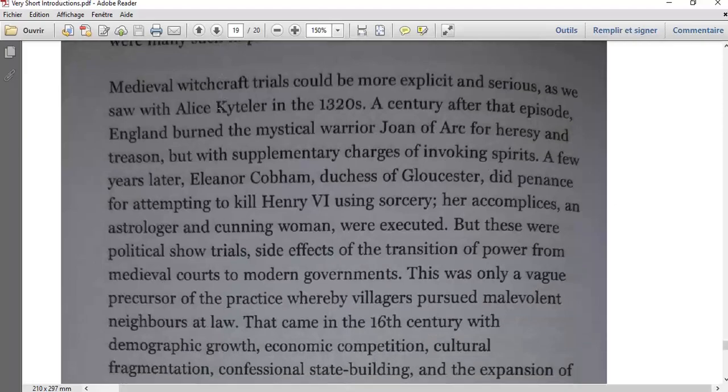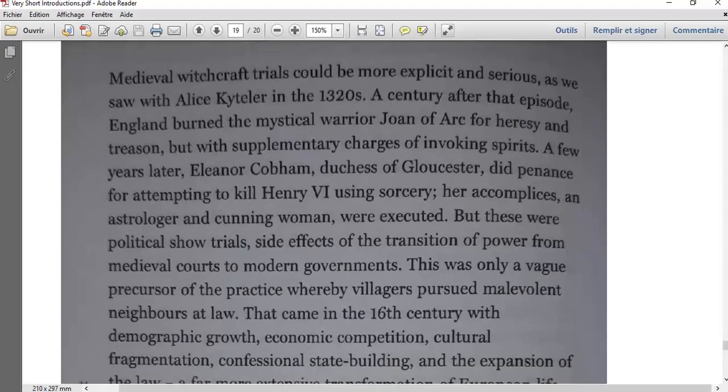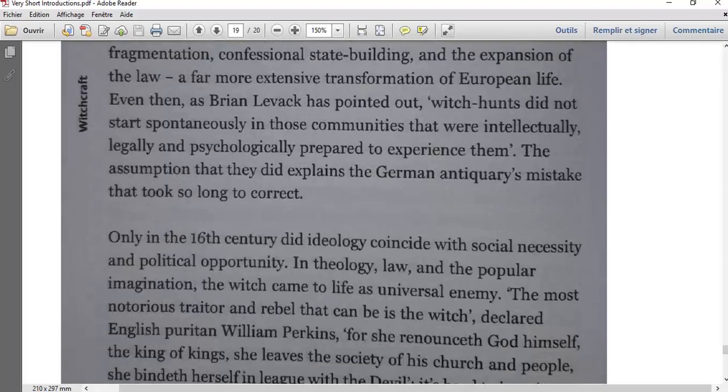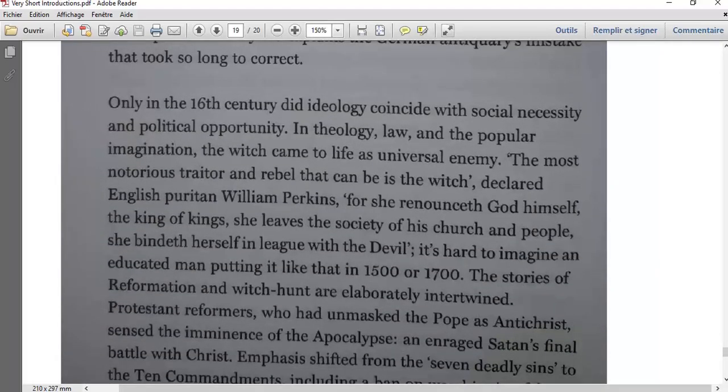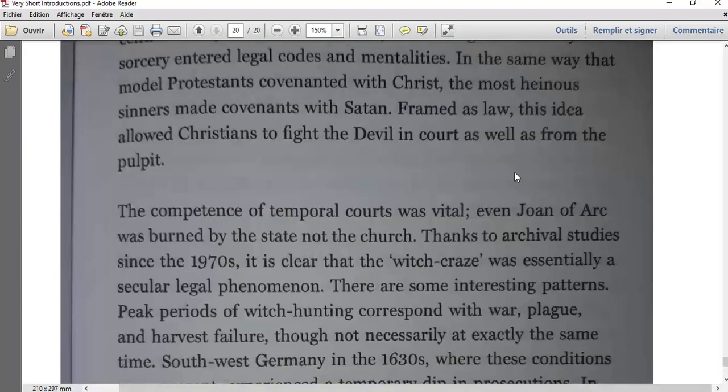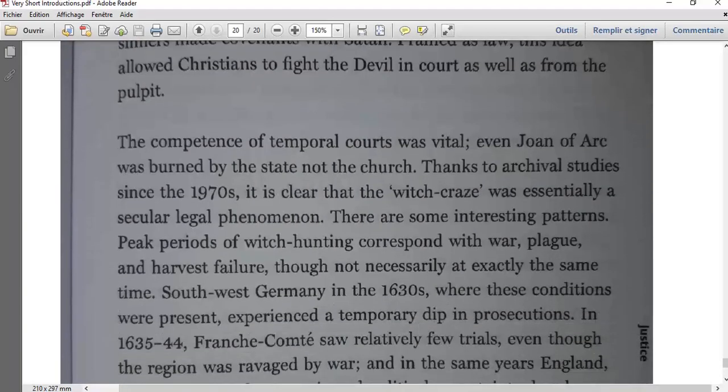And as you can see, he mentions several historical figures, some of whom you are familiar with, like, of course, Joan of Arc, the mystical warrior, burned for heresy and treason, but with supplementary charges of invoking spirits. So here you've got a kind of historical overview trying to sort out what happened at what period and to see how several different cases can be differentiated or distinguished.